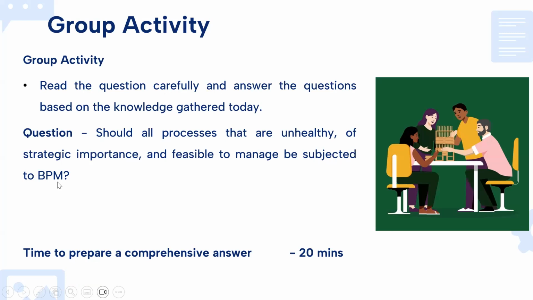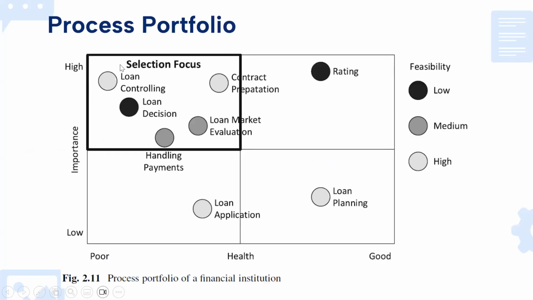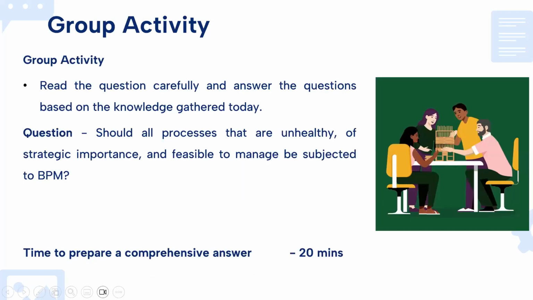So in this quadrant, we have identified many things: loan controlling, contract preparation, loan market evaluation, handling payments, loan decisions. Apart from loan decision, others have medium to high feasibility, high strategic importance and poor health. So should we select all these processes? You have to answer this one and justify.